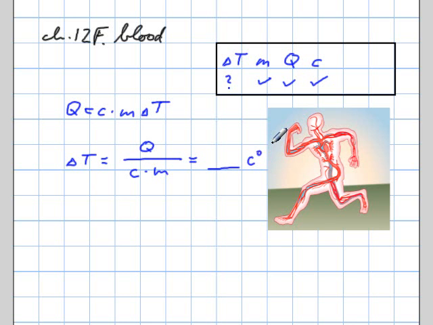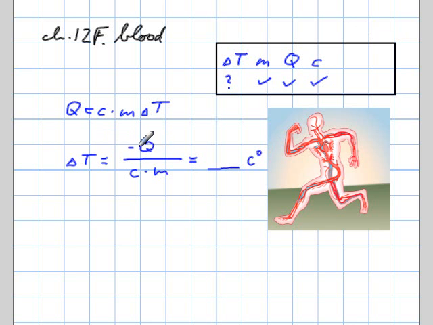And technically what we should do is, as the energy is being released, it's losing that amount of energy, so we should treat this one here as a negative 2000.